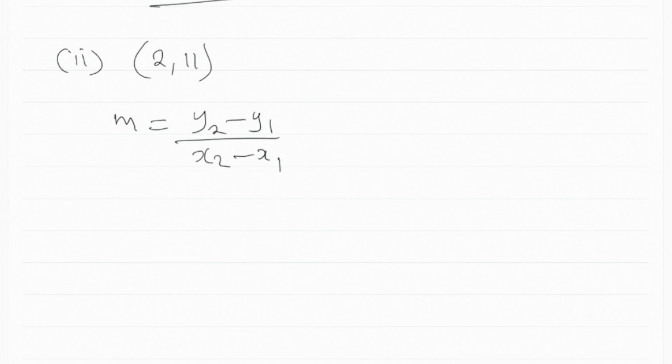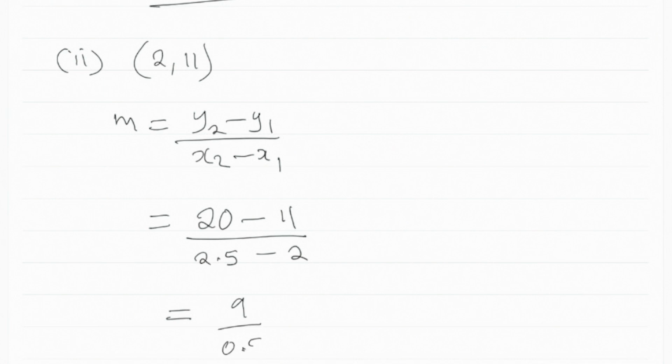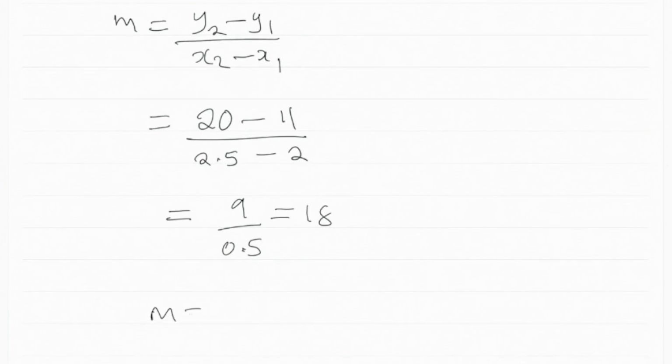Okay, so when you pick now the points, the gradient of the curve at the point 2, 11, you are going to have this situation and another point, 20 minus 11 over 2.5 minus 2. When we simplify this, we are going to have 9 over 0.5, which gives you 18, and our gradient finally is going to be what? 18. I hope you are able to follow that.